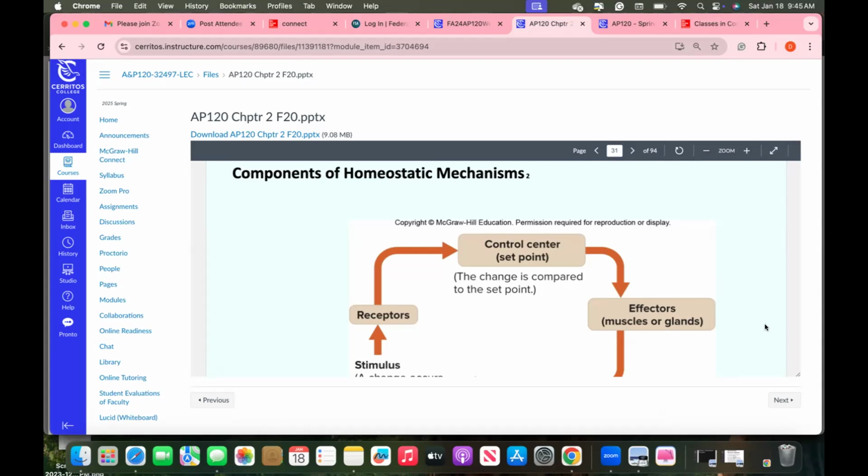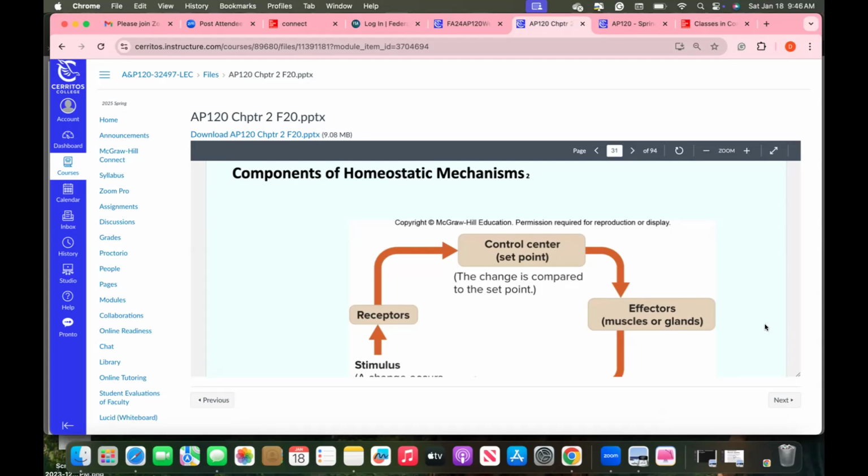And then that control center sends a message out to the effectors, the muscles or the glands that control that, to take whatever action is necessary.